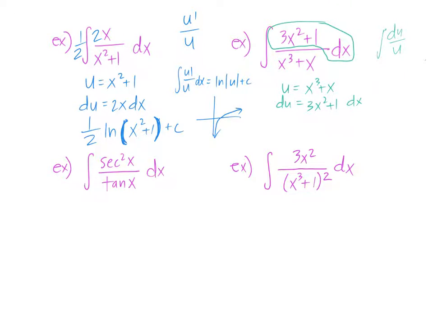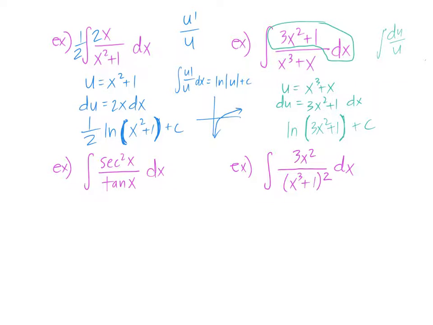Same thing. You just need the derivative on top of whatever function's on the bottom. So my answer is natural log of 3x squared plus 1 plus c. And for that same reason, I guess I don't need those absolute values because 3x squared plus 1 is always positive. That one didn't need any adjustment of constants. It was just good the way it was.